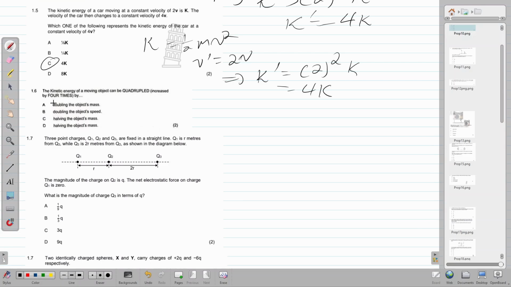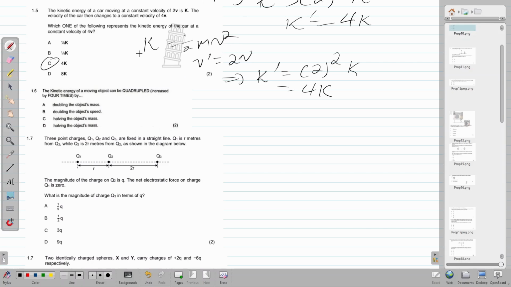And then the kinetic energy of a moving object can be quadrupled by, quadrupled means increasing it 4 times. So you can achieve this by, from this equation, half m v squared. We know that kinetic energy is directly proportional to the mass, and directly proportional to the square of the velocity.